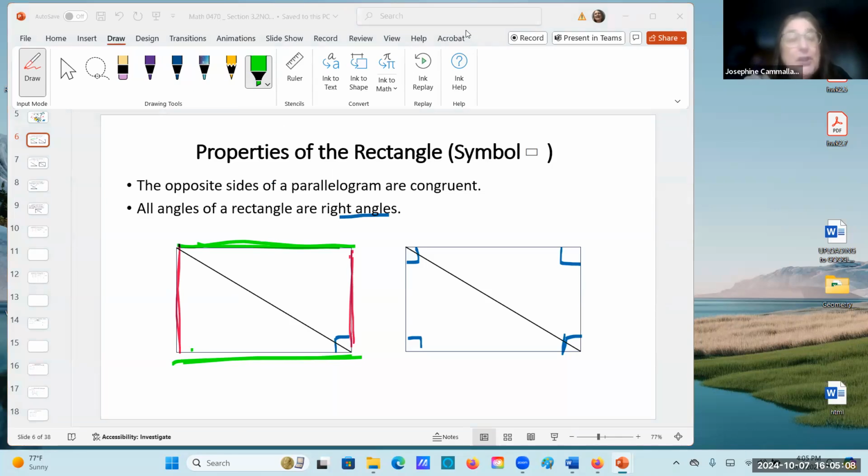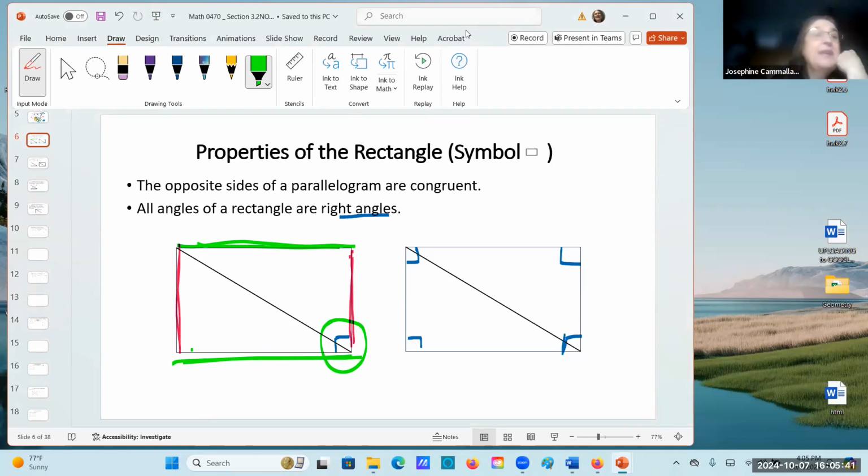Notice, the opposite sides are equal, but I have a box. That's what distinguishes this from a parallelogram, because in a parallelogram, opposite sides are still equal. But the fact that I put that little box took it from parallelogram to rectangle. So these are 2 properties.